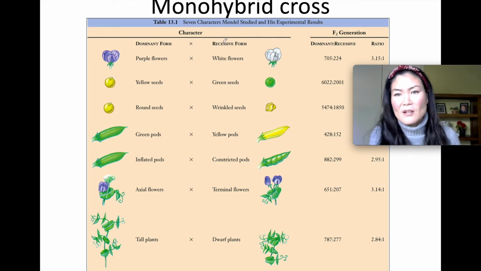Monohybrid crosses refer to Punnett squares where we're dealing with one trait at a time. Mono means one, right?